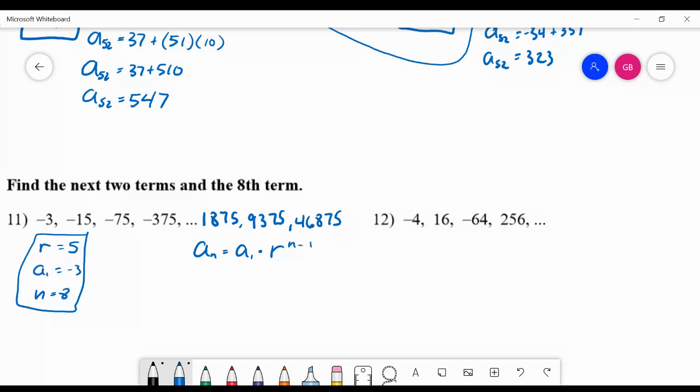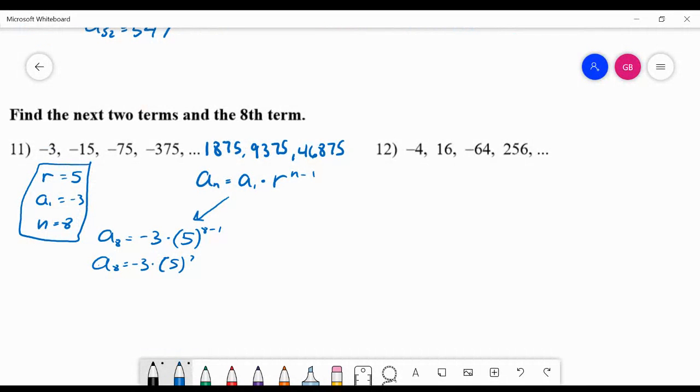So for this problem, a sub 8 is negative 3 times 5 to the power of 8 minus 1. So the exponent is 7. So 5 to the 7th power times negative 3. It's going to be a big number. So the eighth term is negative 234,375.